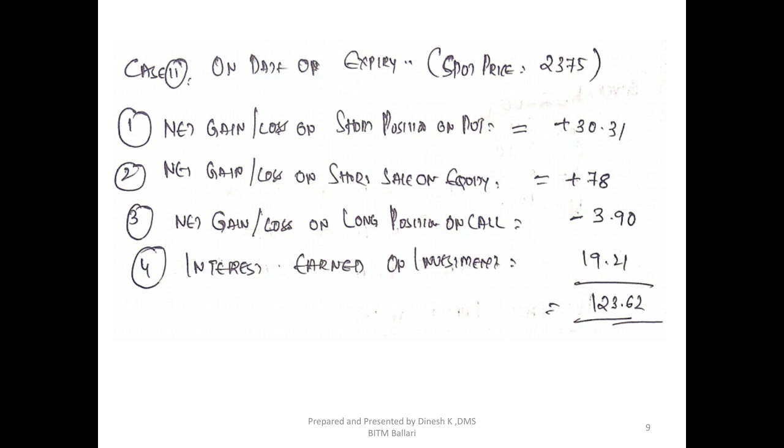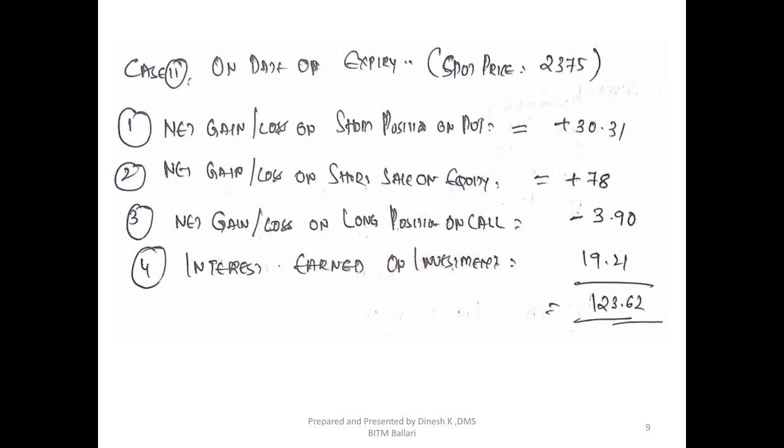So I have taken a short position on a put option, where I have an obligation to buy for 2400, right? Currently the market price is 2375. The put buyer has a right to sell for 2400, when the market price is 2375, so definitely he will exercise.